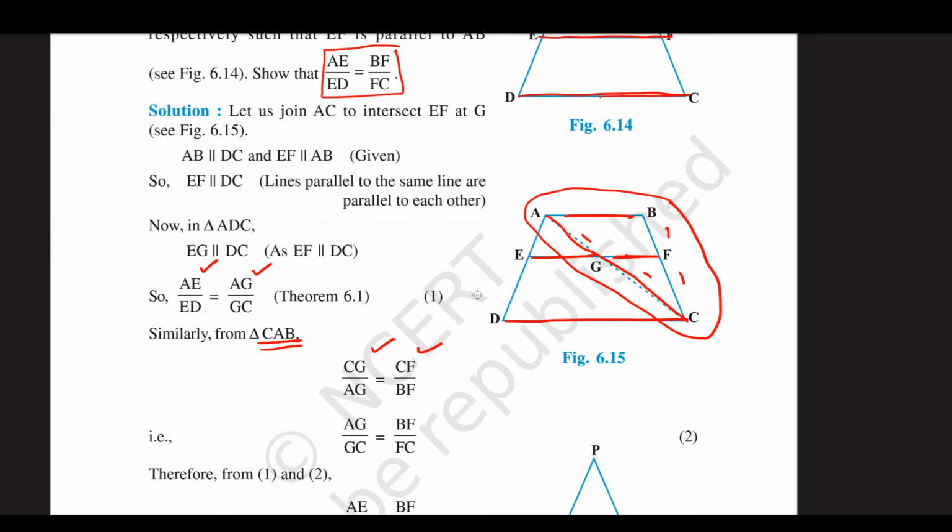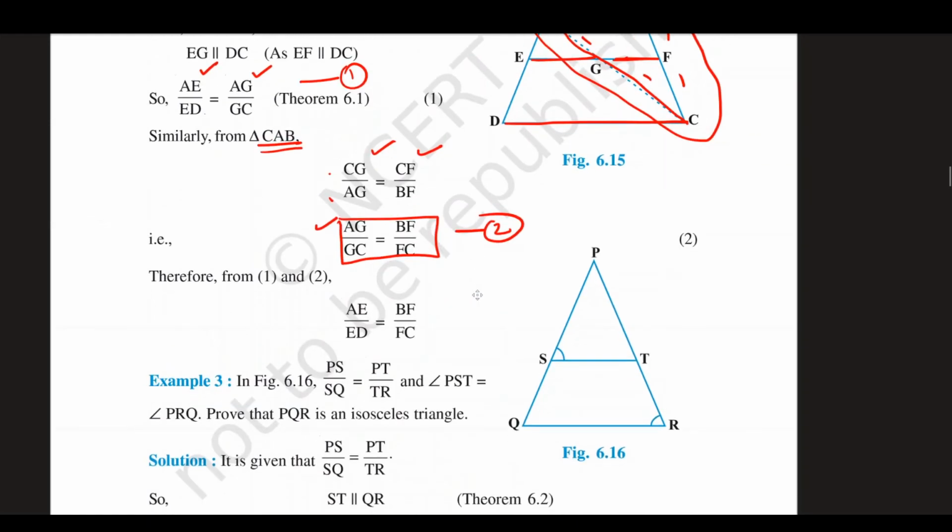Now interchange numerator with denominator, and we get this thing. Let us name these equations 1 and 2, and from 1 and 2 we get AE upon ED is BF upon FC.